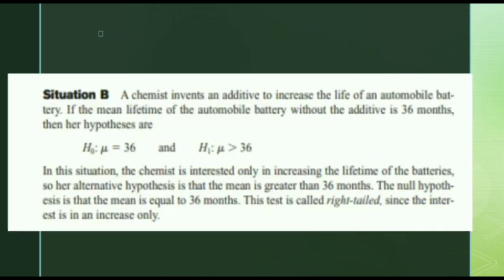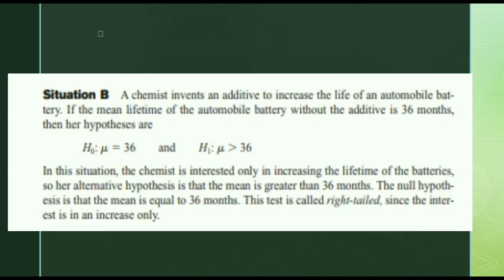Situation B. Example. A chemist invents an additive to increase the life of an automobile battery. If the mean lifetime of the automobile battery without the additive is 36 months, then the hypotheses are: the null hypothesis, the mean is equal to 36, and the alternative hypothesis, the mean is greater than 36.